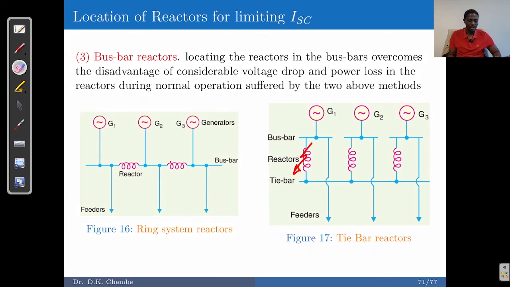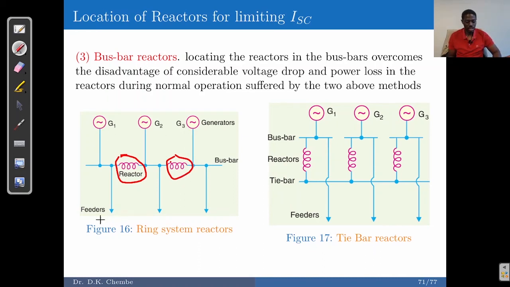The last component of installation is what we call the busbar reactors. Busbar reactors is when you have two systems that can work. One is what we call the ring system reactors. In the ring system reactors, instead of bus couplers in this bus, the bus couplers are replaced by reactors, and these reactors connect the bus bars. This implies that one feeder is fed from one generator.